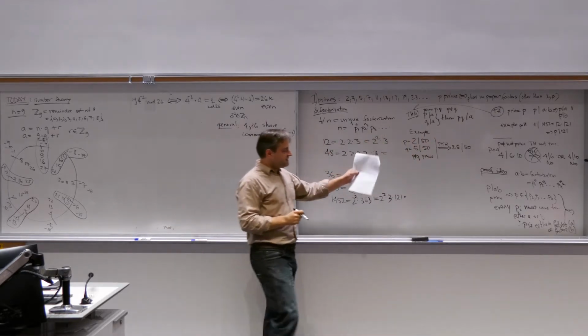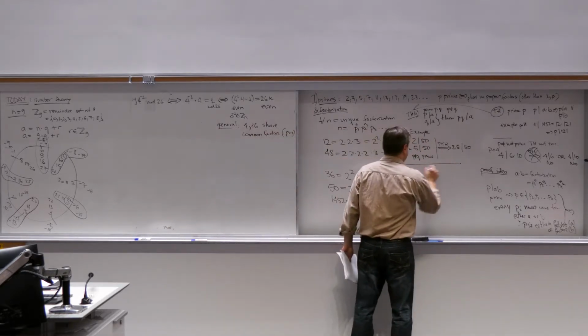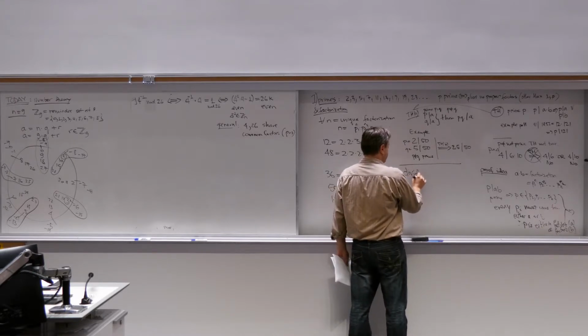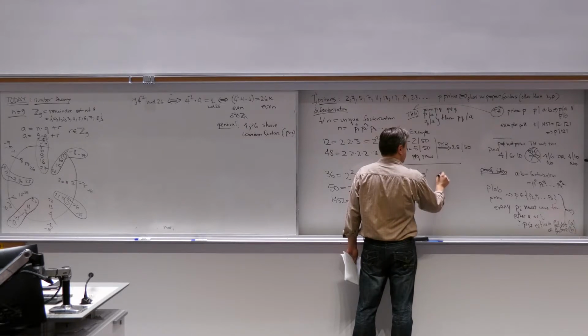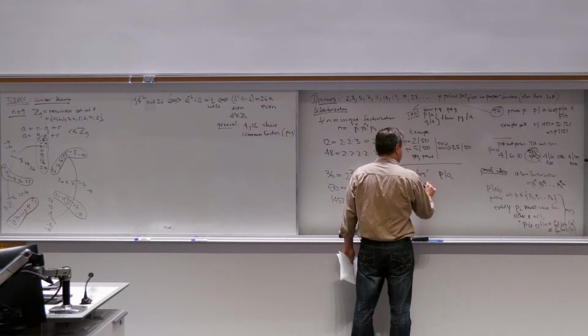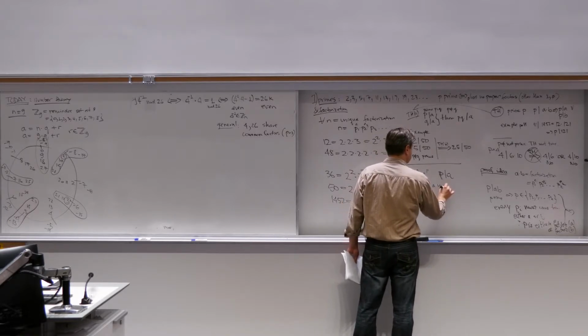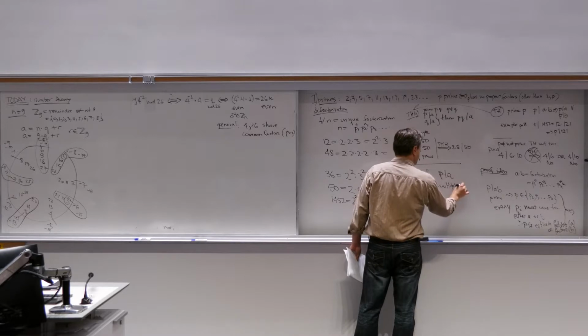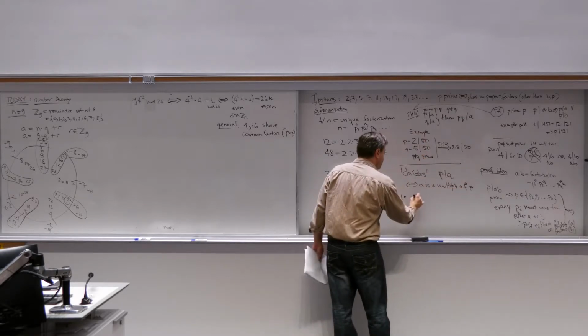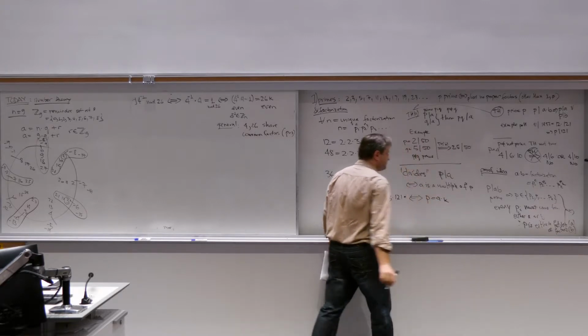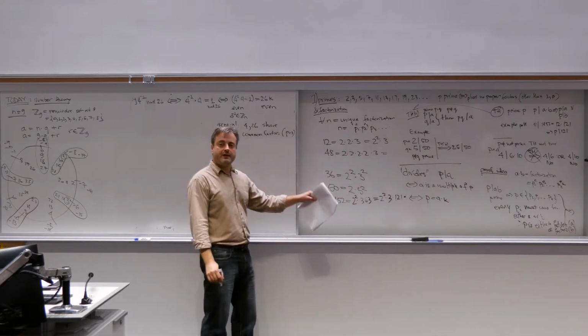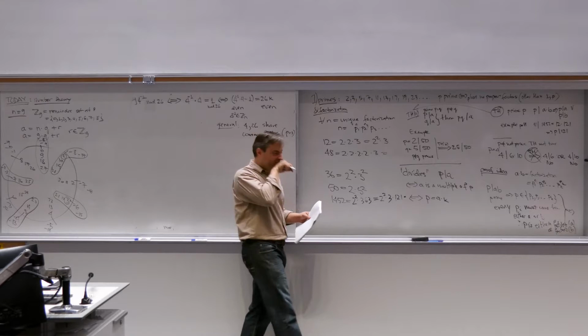Everybody understands this notation, divides? It says some number, say P, divides A. That's the same thing as saying A is a multiple of P, which is the same thing as saying A is P times K. Those three things mean the same exact thing.